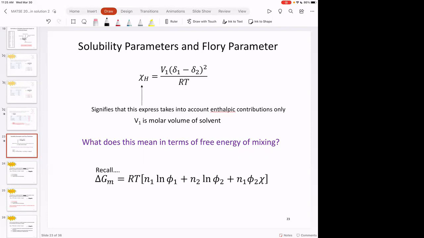But delta S, the way we approached it at the start of this section, doesn't tell us about the intermolecular interactions. And so this now is going to be really important in terms of the Flory-Huggins interaction parameter and how we calculate that based on the molar volume of the solvent and the two solubility parameters that we're interested in.